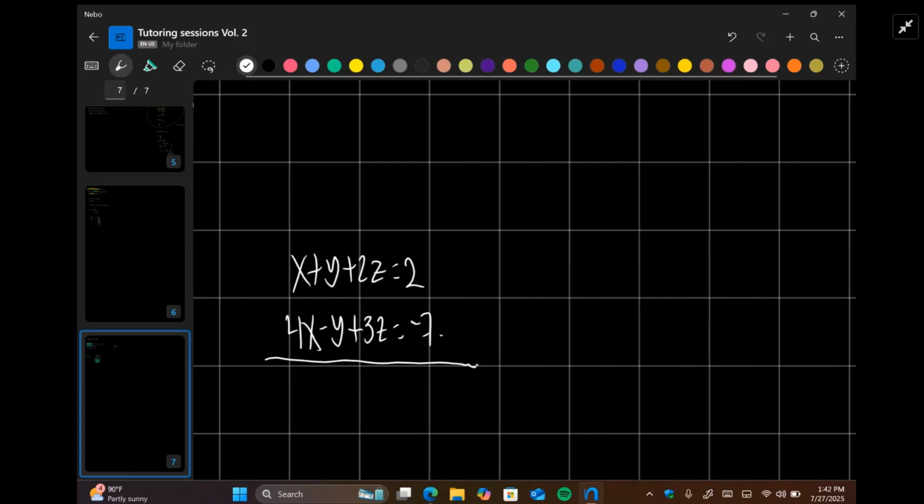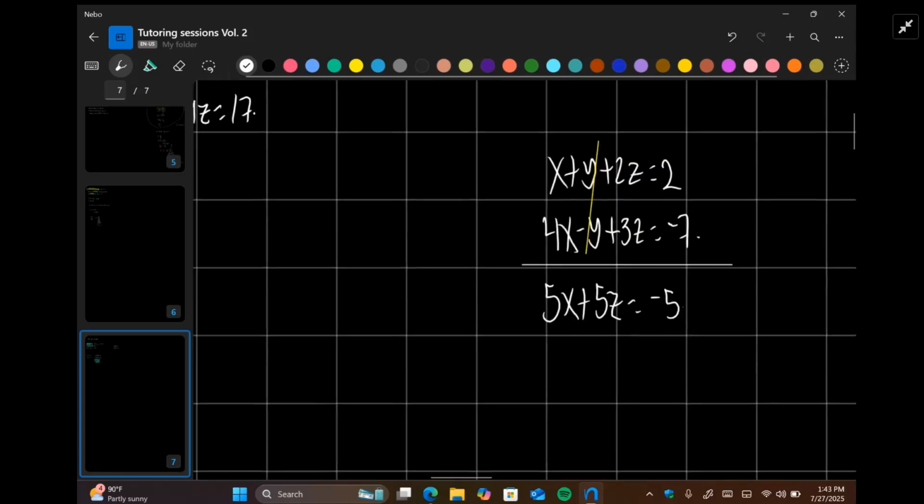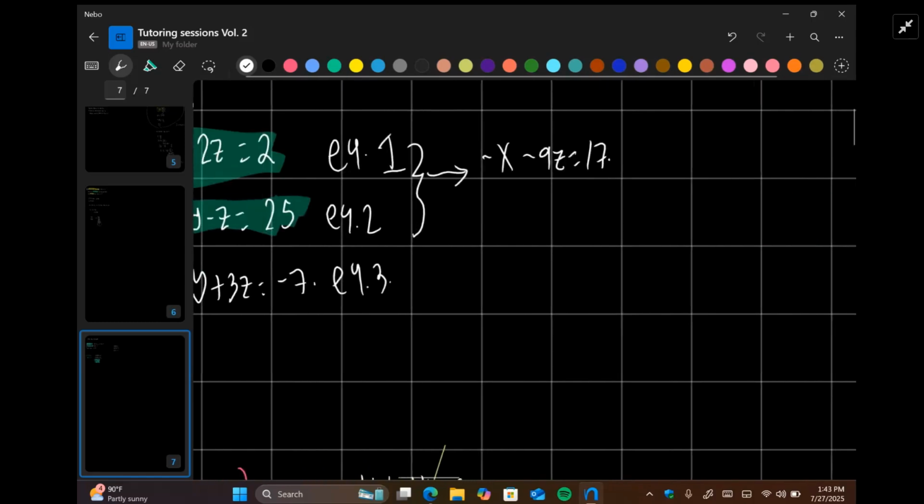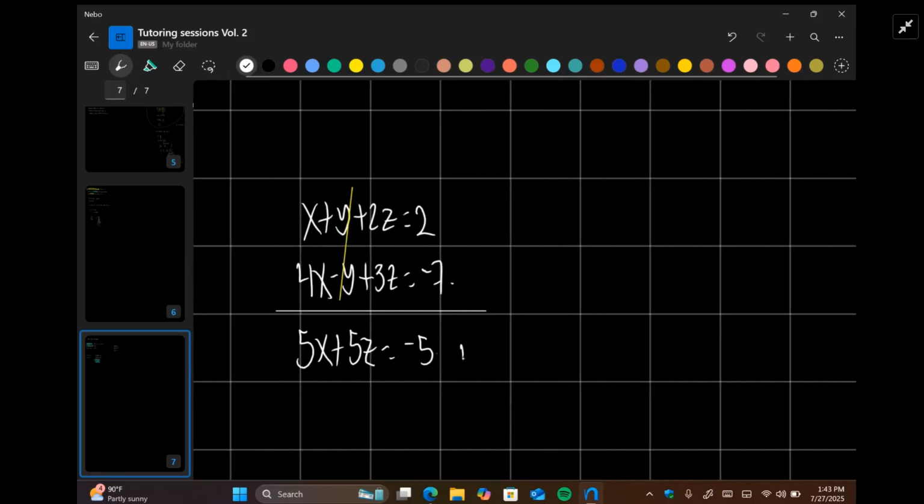Notice that the y's easily cancel out, so we don't really have to multiply anything. We just go for it. The y's cancel out, and we end up getting 5x plus 5z equals -5. We're going to let this be new equation 2.